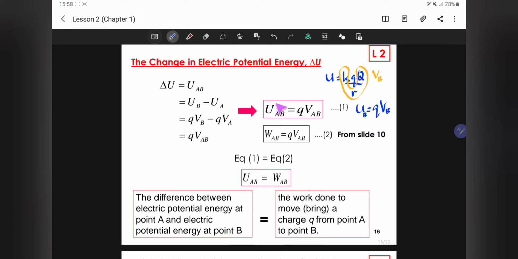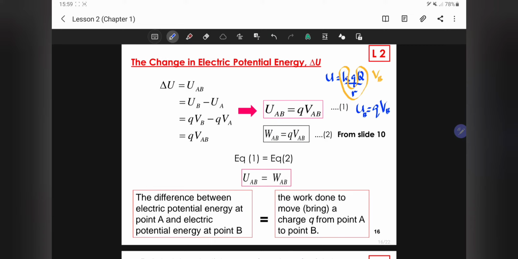Alright, so change in potential energy still equals work. So the work done between A and B equals QVAB. They are the same actually. How do you get this? From the work energy theorem. The work done equals the change in energy. For this, we don't have any kinetic energy. What do we have? Changes in potential energy. So the work done equals the change in potential energy.